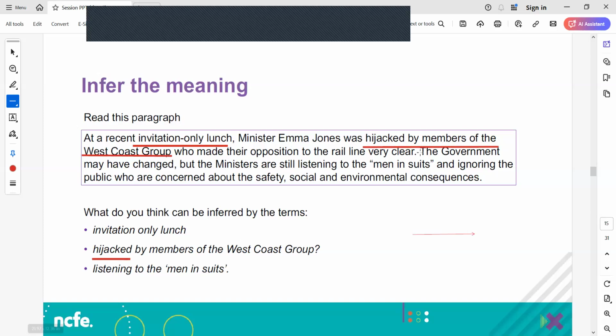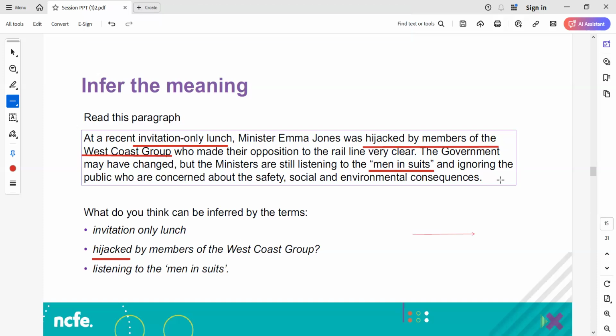Okay. Listening to the men in suits. Who is the government listening to? What do you imply by men in suits? What sort of people are they listening to? The people who hijacked the meeting. So not the people at the meeting. What sort of people wear suits?